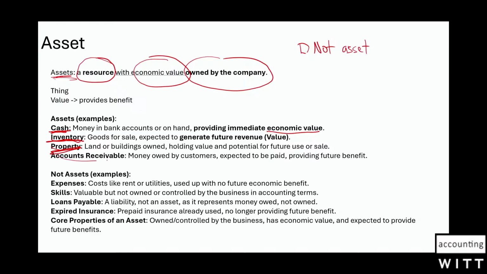Accounts receivable, I'm not going to talk about that right now. Things that are not assets are like your skills, your employees' skills. Those do not count. What's not an asset is things you don't own.